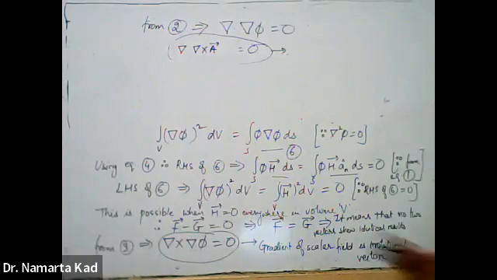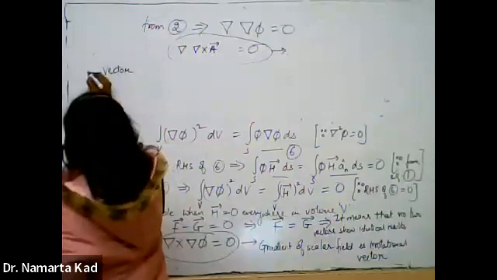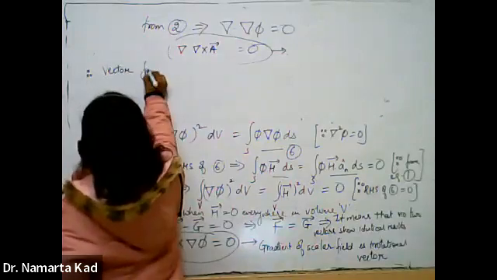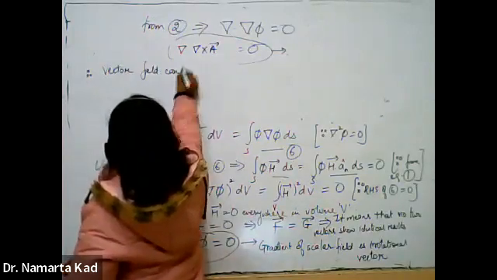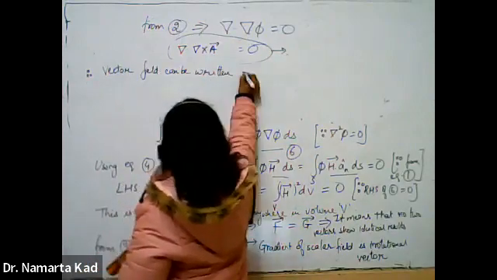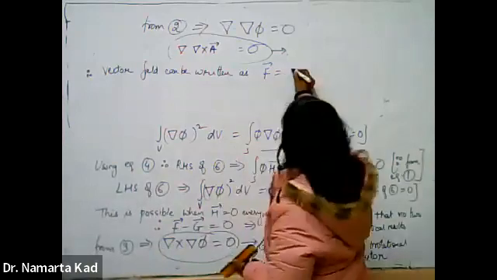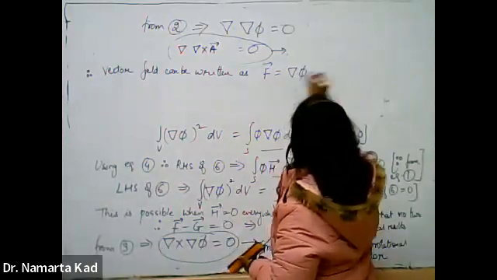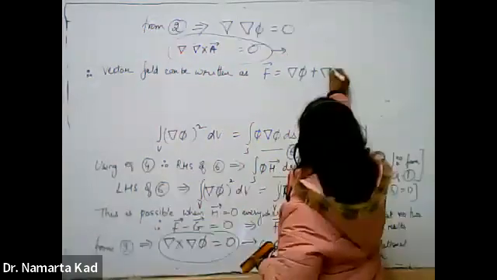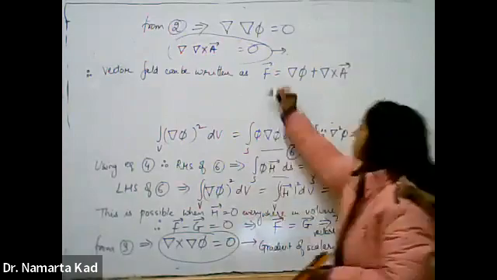Okay, so any vector field F can be written as the sum of a solenoidal vector and an irrotational vector.